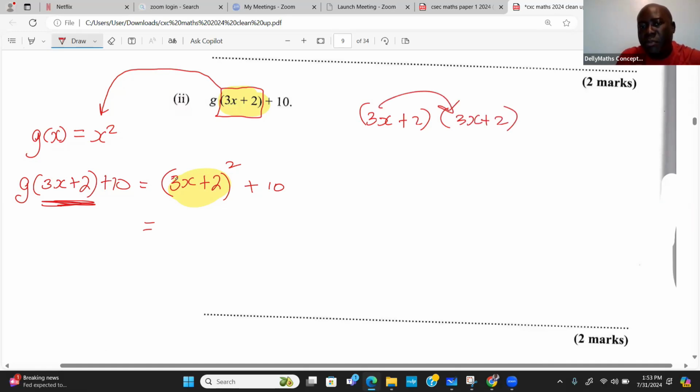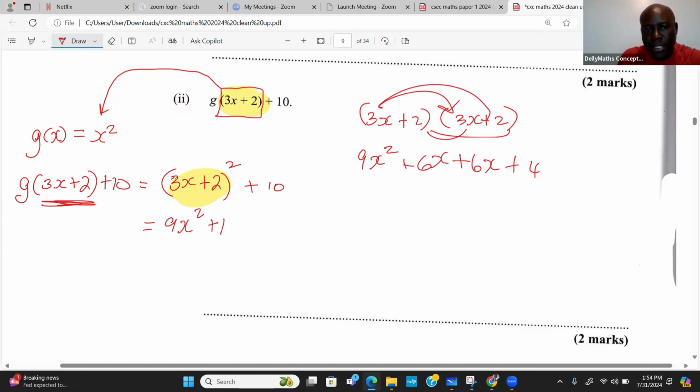So we could file it out. So this becomes 9x squared, and then that becomes 6x, this becomes 6x, and that becomes 4. So if you file it out, we're actually going to get 9x squared plus 12x plus 4.